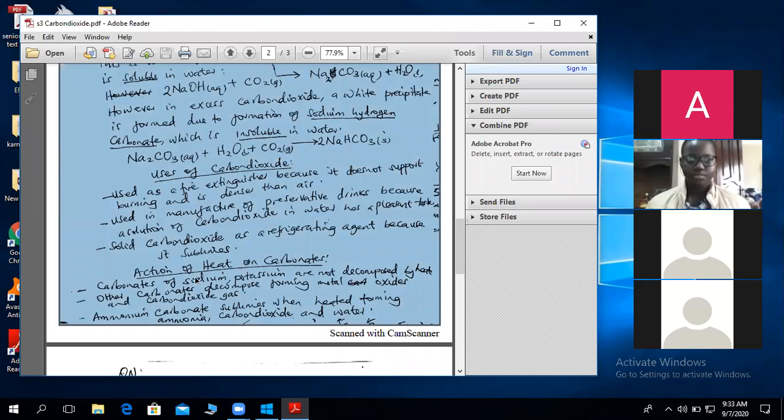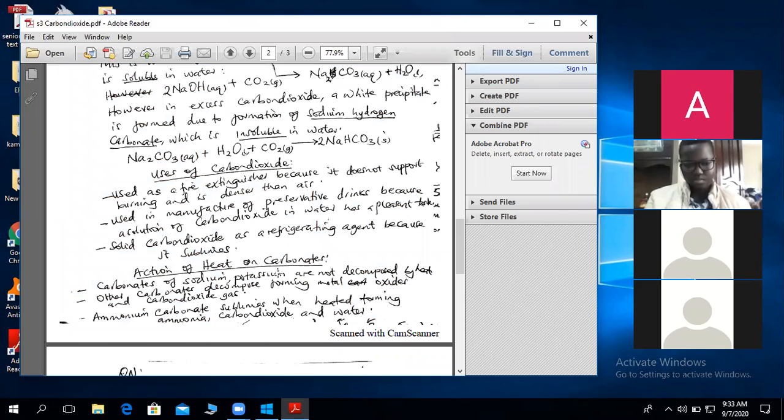Action of heat on carbonates. Carbonates of sodium and potassium do not decompose when heated, so they are not affected by heat. All the other carbonates decompose on heating, forming a metal oxide and carbon dioxide gas.